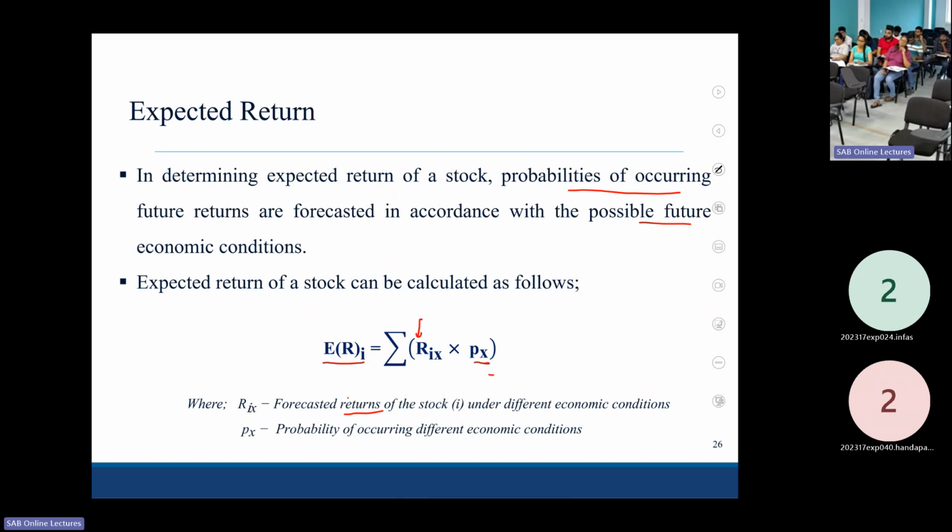So if you can identify all probable things happening in the economy with their probabilities, and forecast the return under each economic condition, then your expected return is the forecasted return multiplied by the probability of happening in this particular economy, plus the next economy's forecasted return times its probability, plus, if you have 3 states of economy, the forecasted return under the third state times its probability of happening.